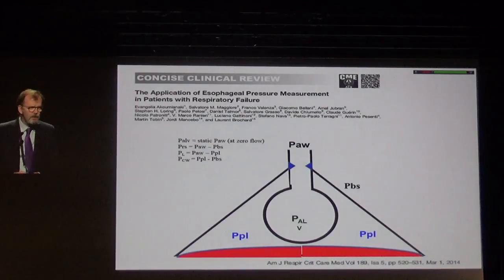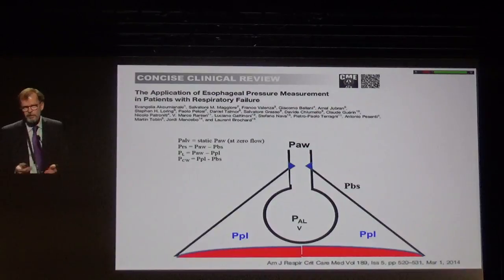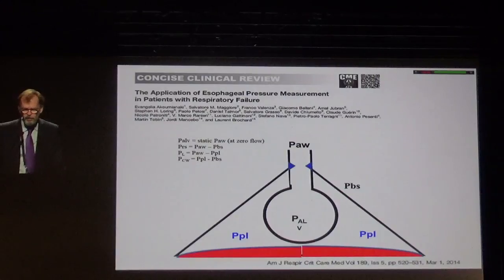This working group has published a series of papers trying to explain the rationale for using the esophageal pressure, which was very nicely described by Antonio a few minutes ago. You want to know what's the pressure distending the lung, and you want to know what's the influence of the chest wall on the pressure you see on the ventilator.